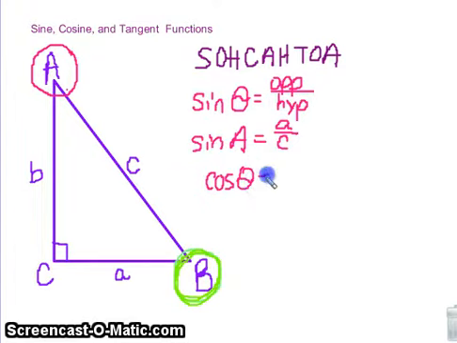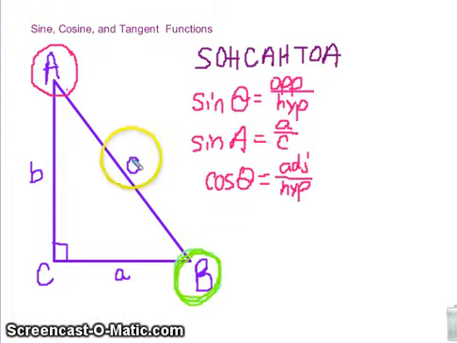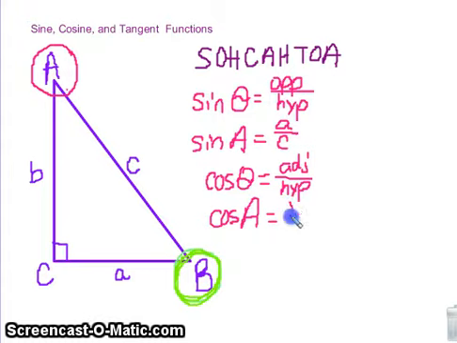Cosine of any angle at all, and so that's why we use theta, cosine of theta is equal to adjacent over hypotenuse. What is the adjacent side for this particular angle? B. So it's going to be B over C. Cosine of A is going to be B over C. And then tangent of any angle at all is opposite over adjacent.